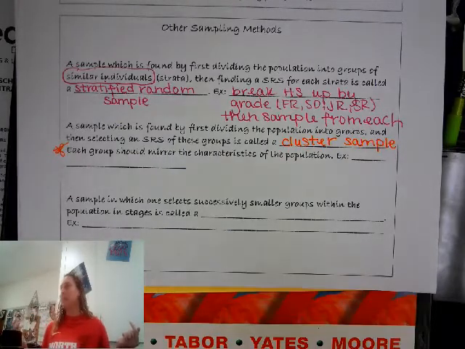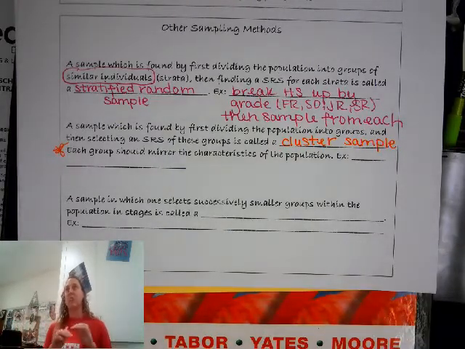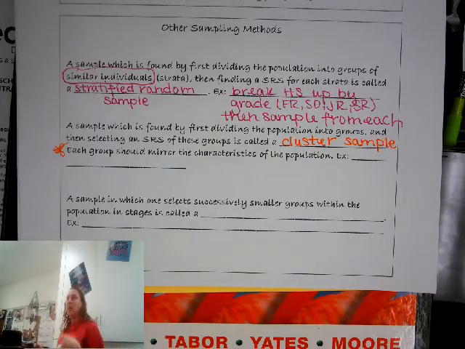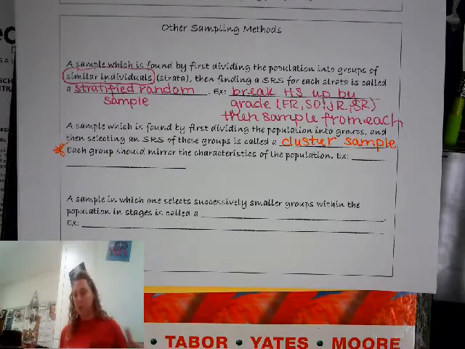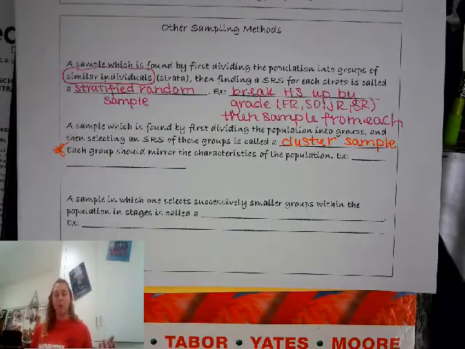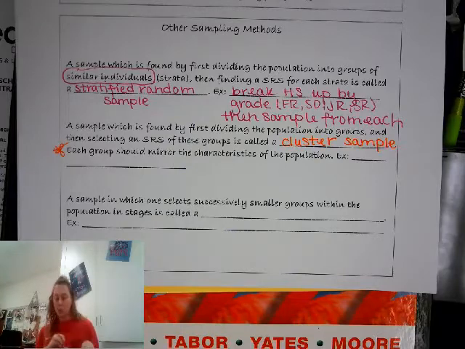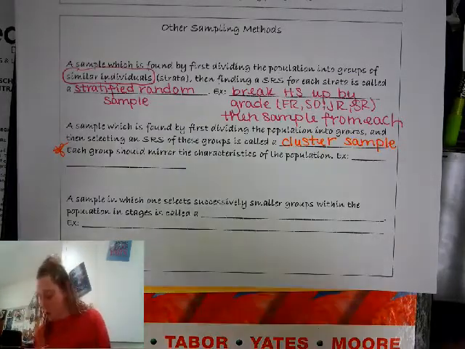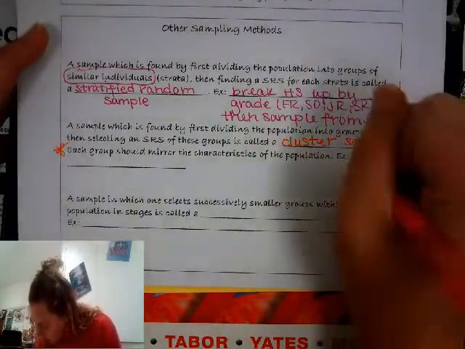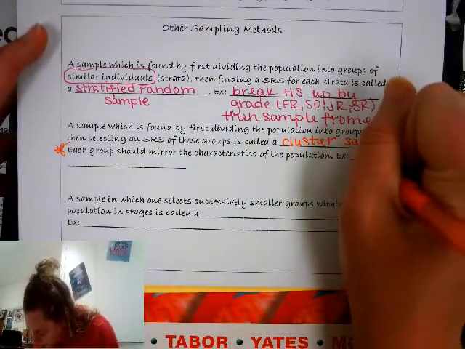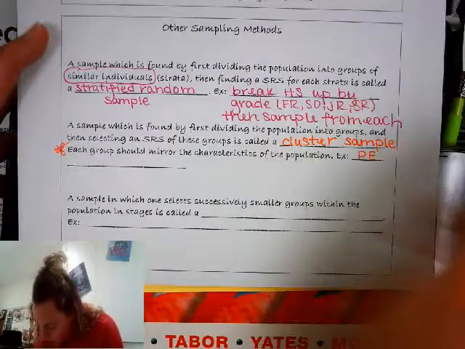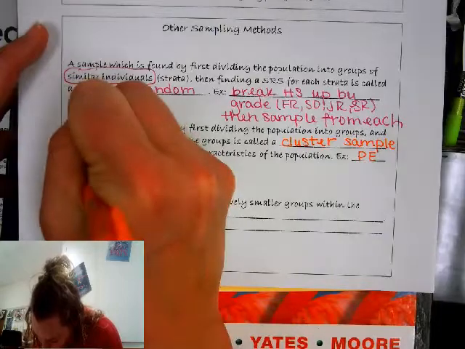So like a PE class, you have all different levels of high schoolers, so that in theory could mirror the population. So if I looked at a bunch of the PE classes and then from those PE classes took samples, that would be a cluster sample. So PE classes, or any class where you have freshmen, sophomores, juniors, and seniors mixed together.